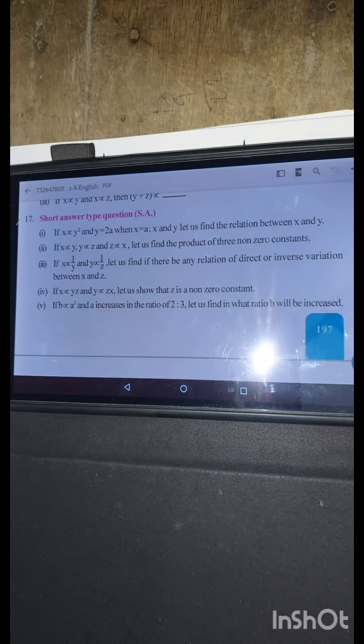Question number 4 says x varies as y into z and y varies as z into x.